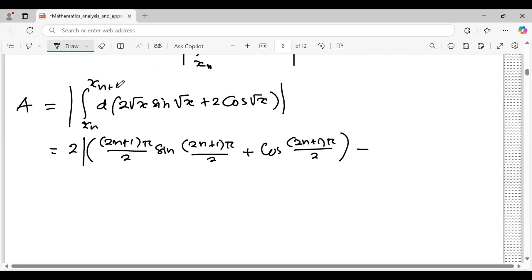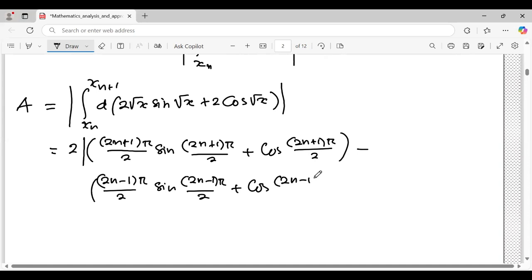okay, after xn plus 1, now xn. If xn is minus, so it becomes 2n minus 1 by half sine 2n minus 1 by half plus cosine 2n minus 1 by half.